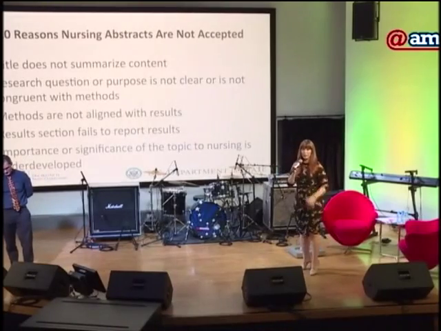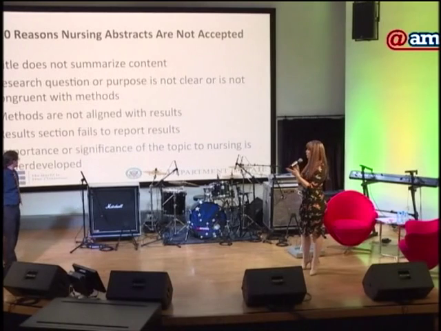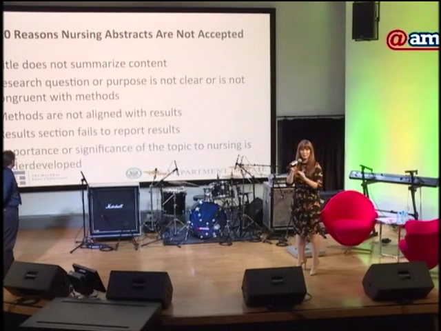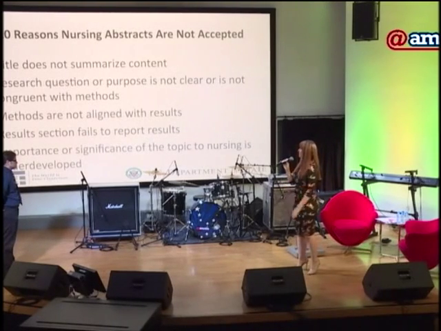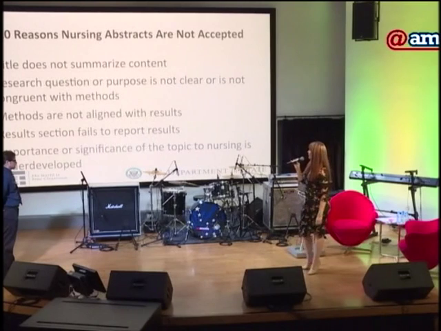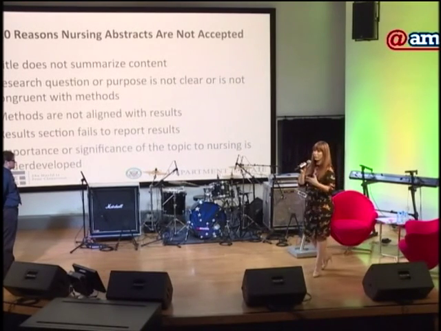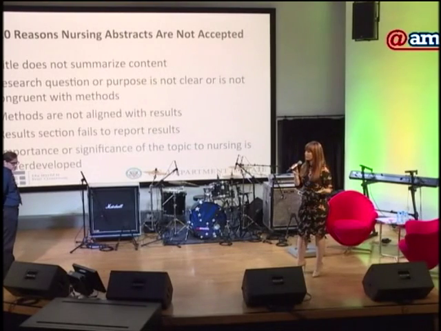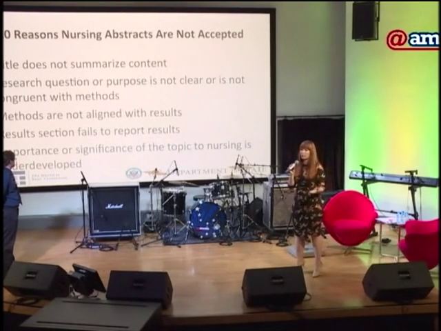The methods are not aligned with the results, so you have the methods, but they don't match your results clearly. The results section fails to report results, so maybe you have results, but they're not very clear. The importance or significance of the topic to nursing or education or biology, whatever your field is. So is this something significant? Is this something that can be used today? If it's not very important or significant to today, you should rethink a different topic.